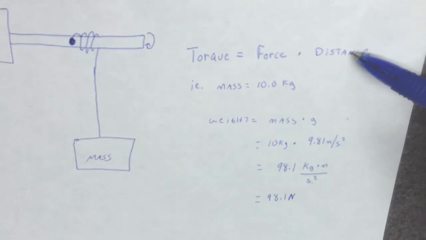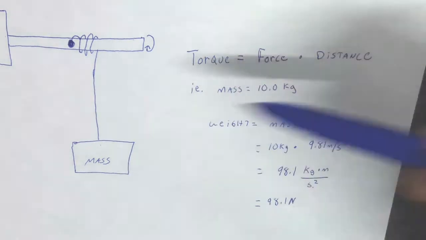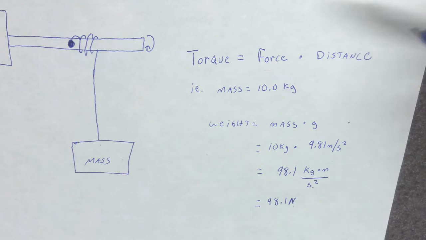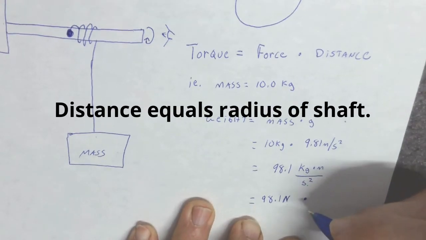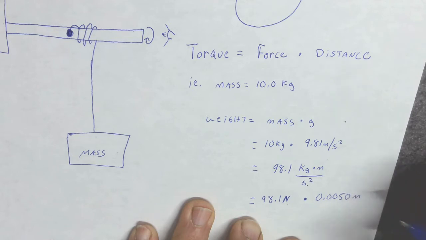The distance, right, we just figured out the force that we need to apply to lift this. The distance that we are going to be considering is the radius of the shaft, r, and r in this case is 0.0050 meters.